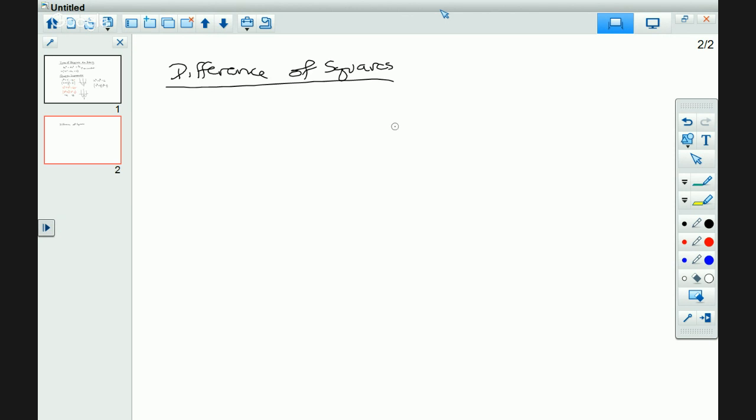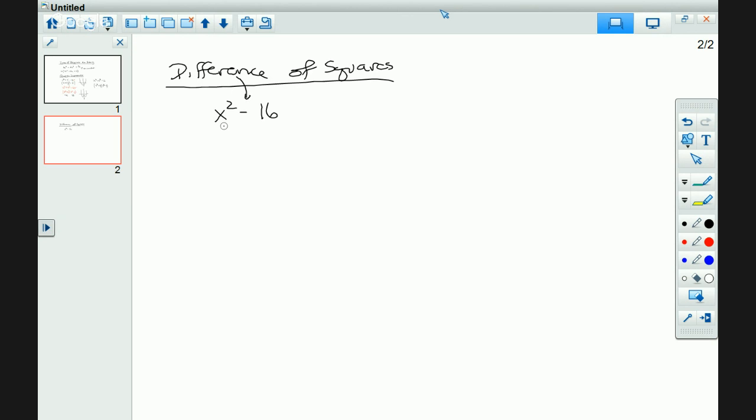Okay, here are some basic algorithms that can make your life really easy if you can recognize these. So, that is called the difference. Difference means subtraction, right?